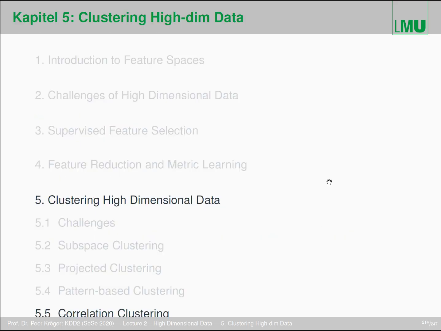Yeah, that was pattern-based clustering. And as I told you before, we will have the week off next week, and I will talk to you about correlation clustering in 2 weeks. I hope you use the day off and then the week off to catch up.